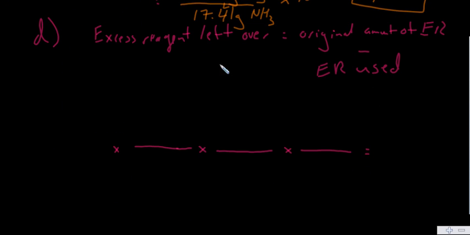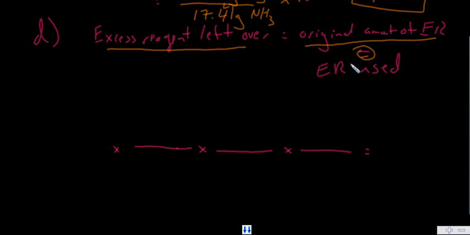And you may not have seen this, especially if you were in regular chemistry last year or the year before. The question is, how much of the excess reagent is left over? And so you can find this by knowing the original amount of that excess reagent that you started with, and then subtract the amount of excess reagent which is used to produce your theoretical yield.